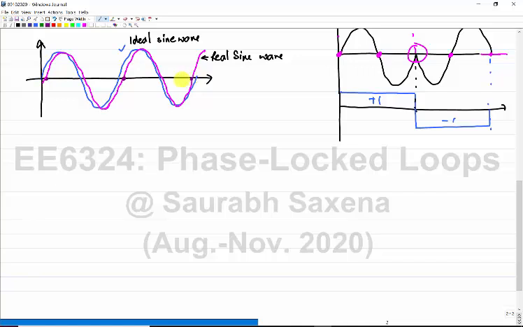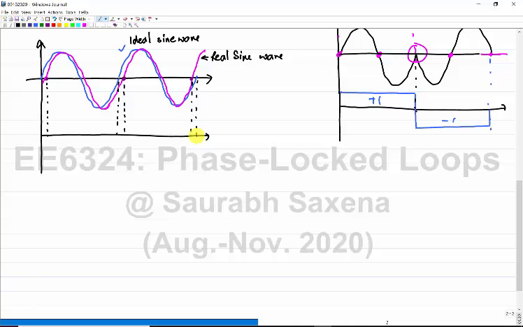We can look at both edges, but I want to reduce my workload, so I will look only at the positive edge. The quality of the clock depends on how much error you are going to have at the zero crossing with respect to the ideal clock.